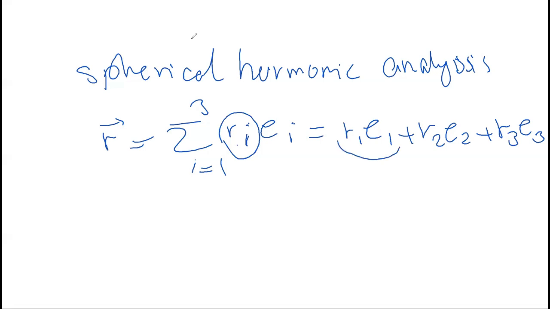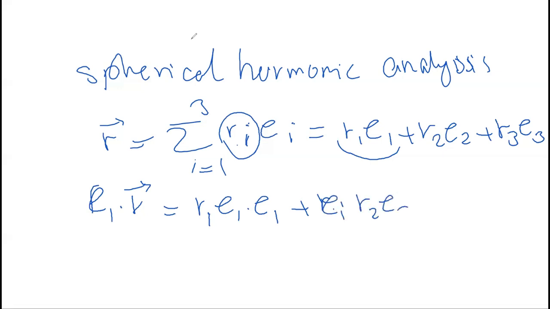I will write the first one. I will multiply both sides by E1. E1 dot the vector will be R1 multiplied by E1, plus E1 multiplied by R2 E2, plus E1 multiplied by R3 E3.